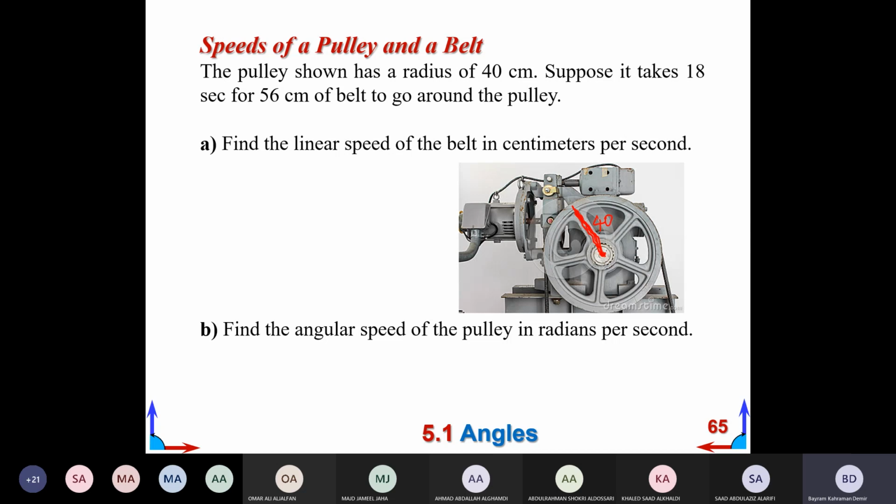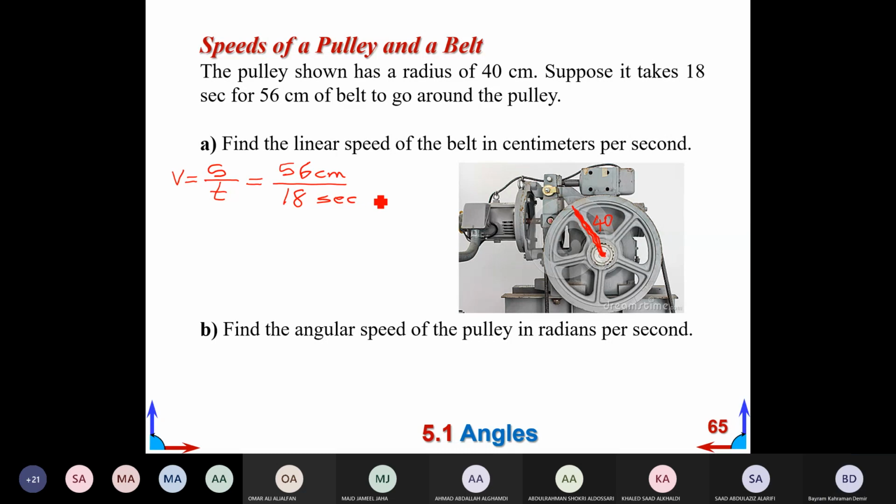I know the distance is 56 centimeter, and the time is 18 seconds. I know the distance. I know the time. What shall I do? Anybody has an idea? Divide. So if I divide the arc length S by the time, it will give you the linear speed, of course. So arc length is 56 centimeter divided by T, which is 18 seconds.